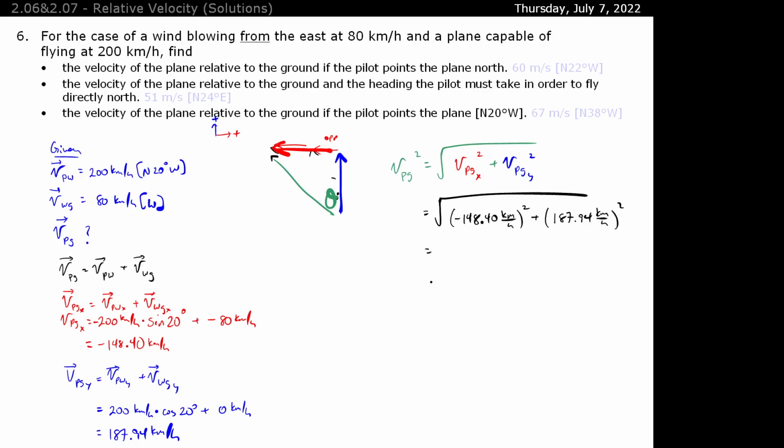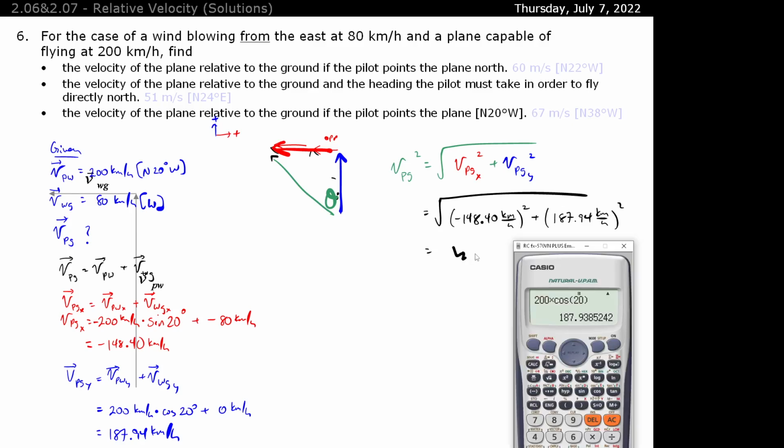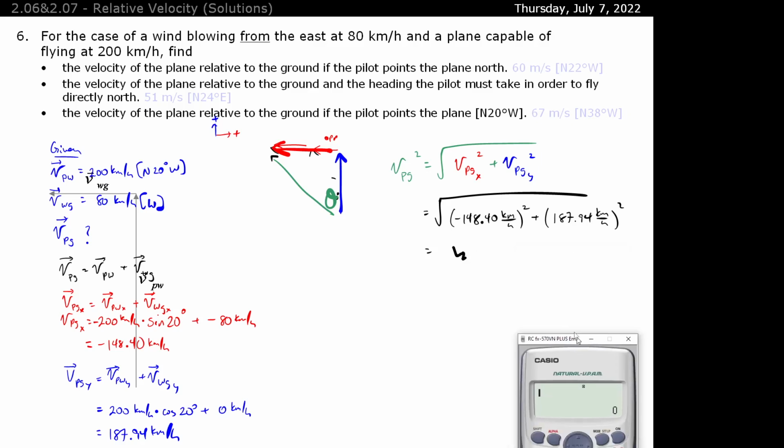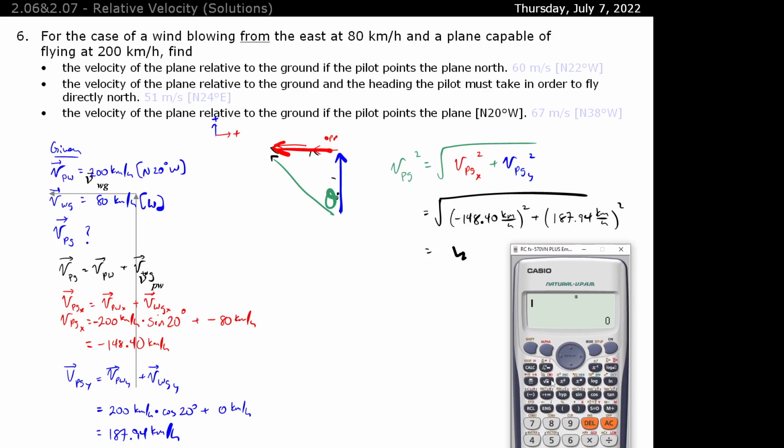Handy dandy calculator. Oh no, why aren't you working? There you go. Okay. Root of 148.4 squared plus 187.94 squared. I wasn't paying attention. Yeah, that should work out because the hypotenuse should be longer, 239.47.